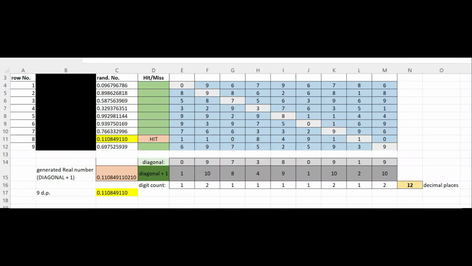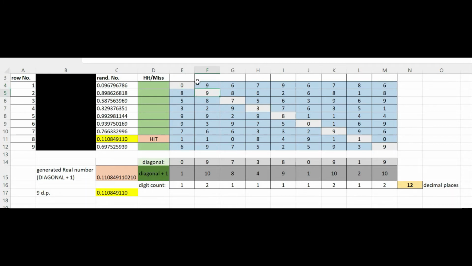But then if you take the diagonal of each randomly generated real number, in the first position, I'll show you here. For example, here, you take the first diagonal and you add 1 to it. You take the second one, you add 1 to it to get your second digit.